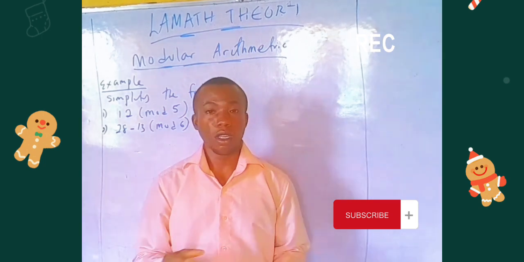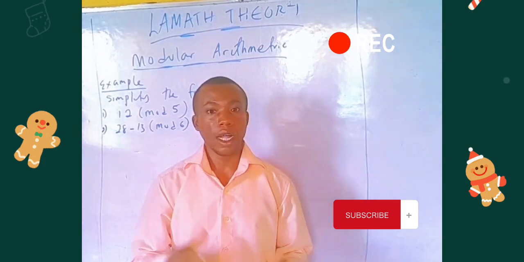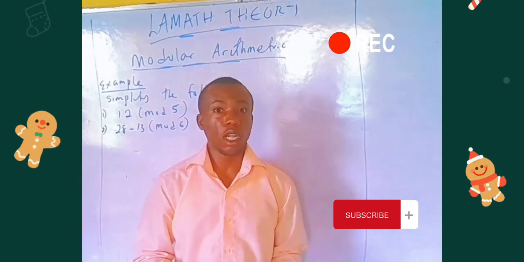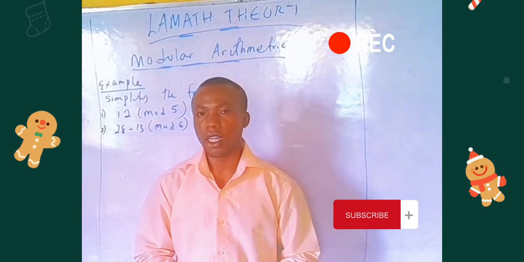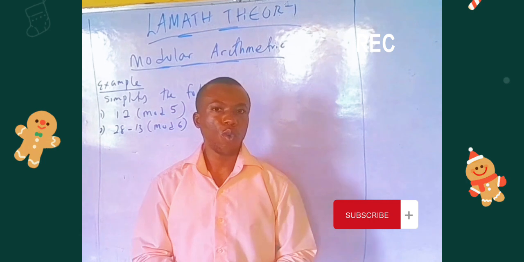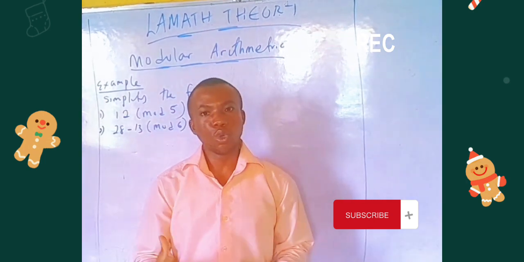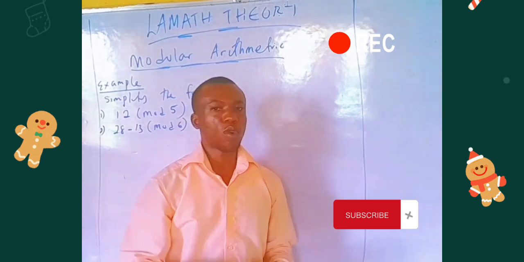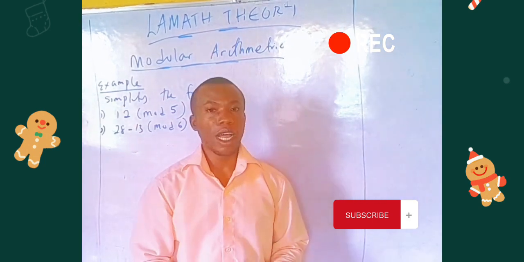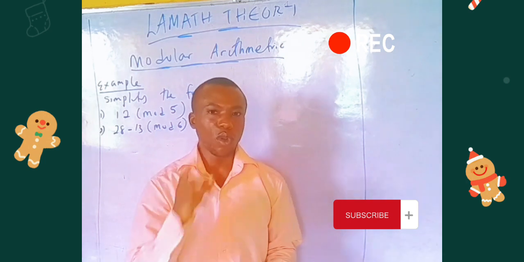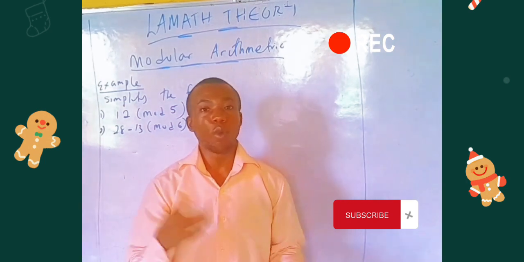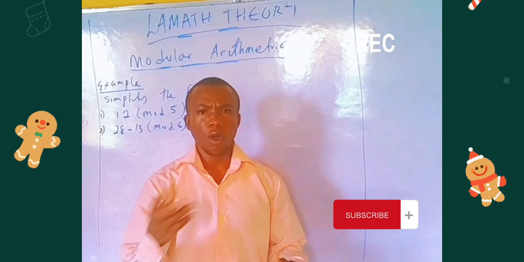Modular arithmetic is always talking about whole numbers, and about division, focusing on the remainder. Just like in binary, when we are converting from base 10 to base 2, where we always focus on the remainder aspect of it, the same thing we are going to do with modular arithmetic.